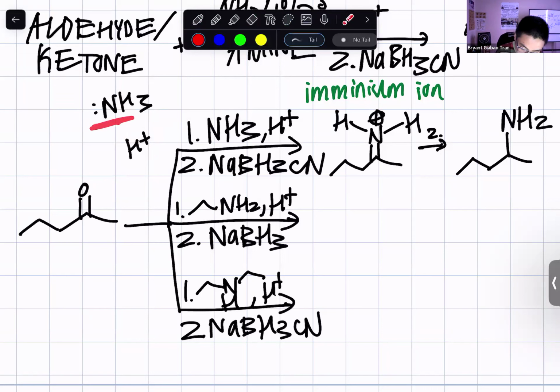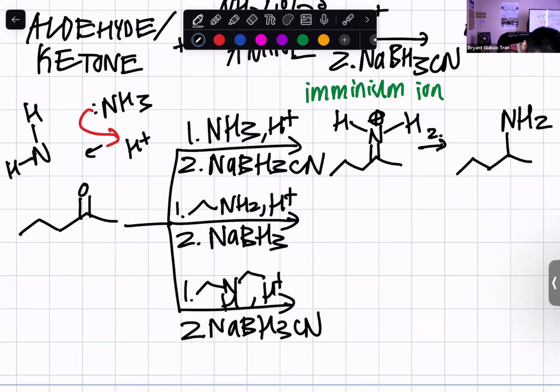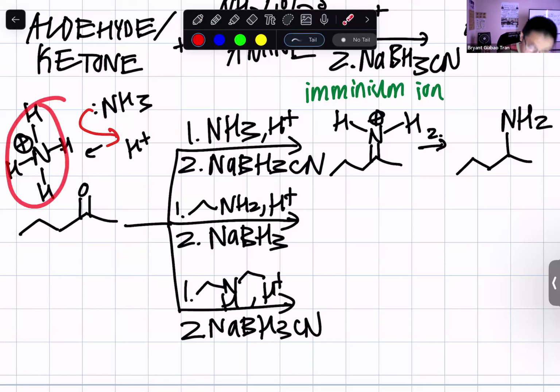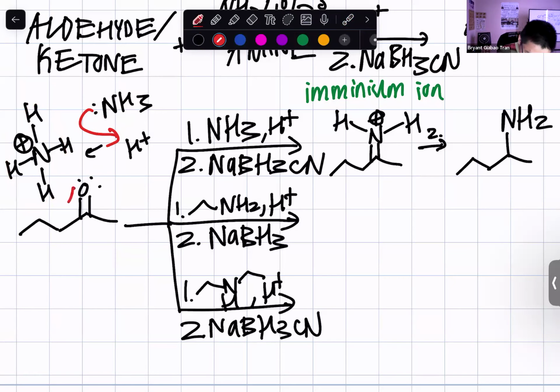Because this amine, the nitrogen, is more basic than the carbonyl oxygen, this amine is going to get protonated first, like you said. And when that happens, our acid source is now this ammonium ion, NH4+, which is going to be the acid source for this carbonyl oxygen to get protonated.